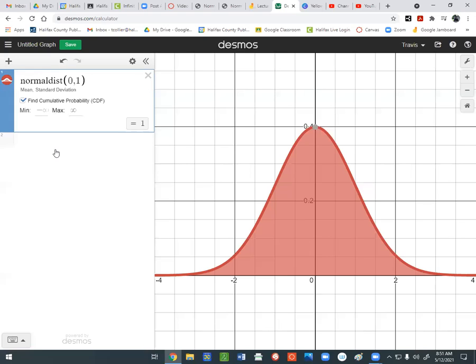And that means that on the x-axis right here, if you go far enough to the left, you're going to reach negative infinity. But if you go far enough to the right, the numbers get bigger, you're going to reach positive infinity. Okay? And then the area under the curve that's shaded is going to be at the bottom of the box. So the total area under the curve right now is 1. But we're going to change that.